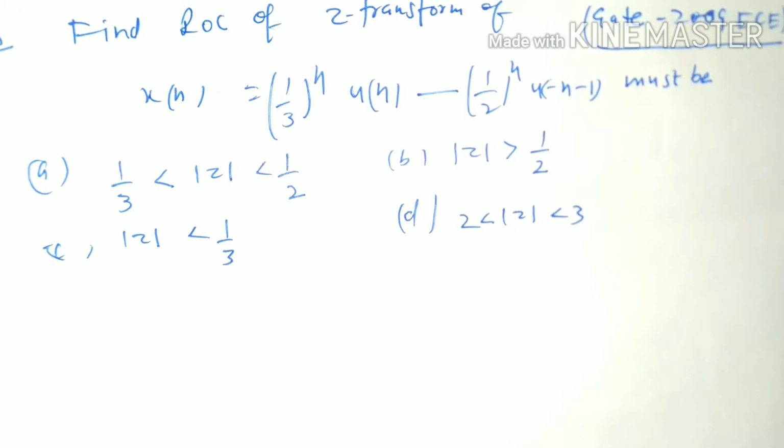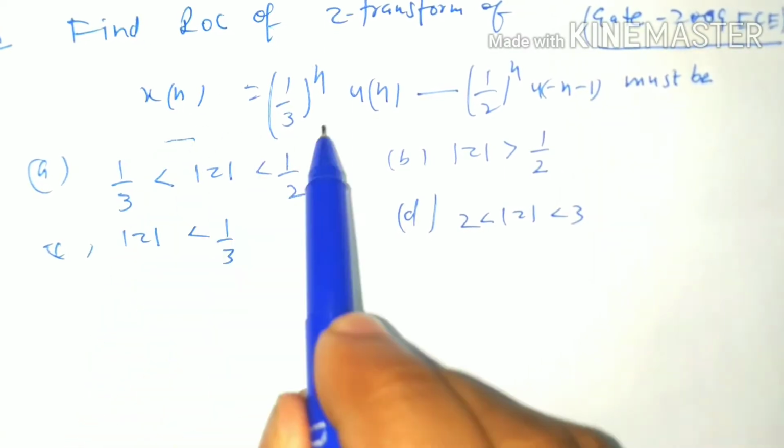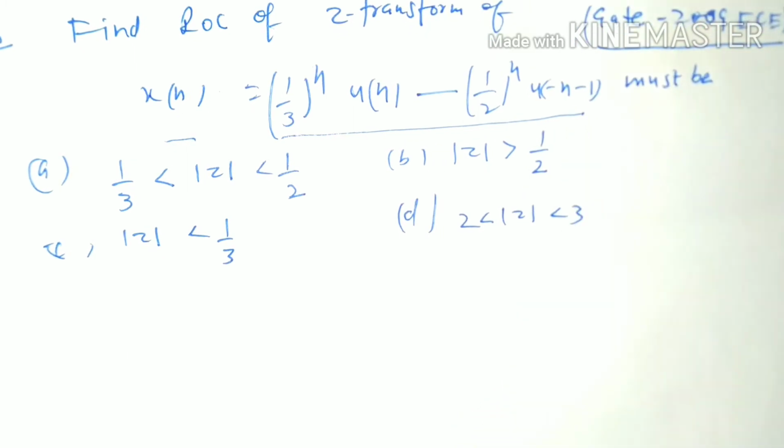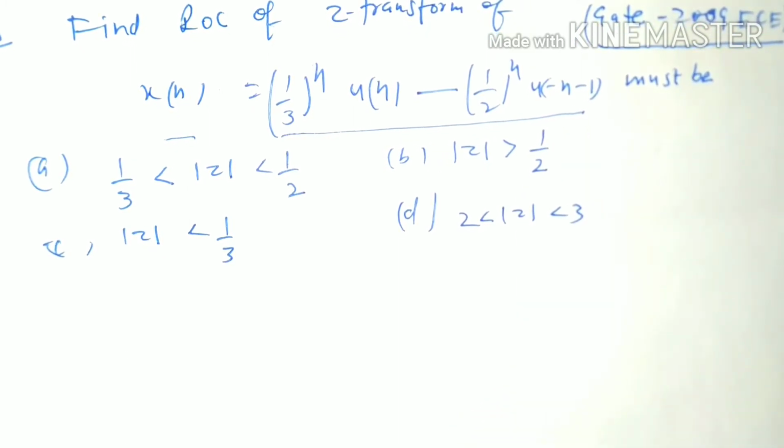Now we are going to discuss another problem that is also based on the ROC of Z transform. Here the discrete time signal x[n] is given by this equation, and we have to find its ROC.